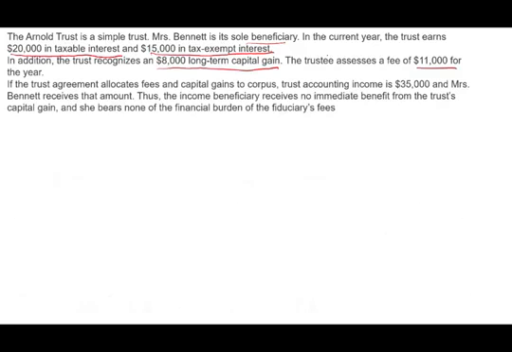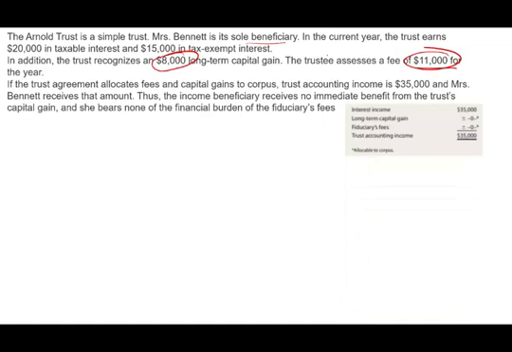If the trust agreement allocates fees and capital gain to corpus, here's what's going to happen. The agreement says any long-term capital gains and any fees stay with the corpus. Then the other thing, considered accounting income, goes to the beneficiary. So trust accounting income, which is what we are computing here, is $35,000. Why $35,000?